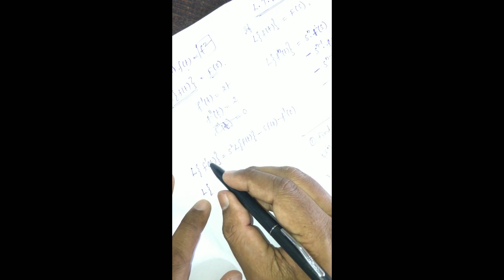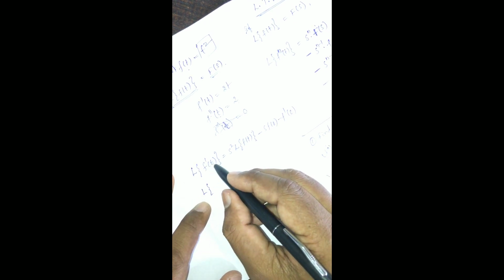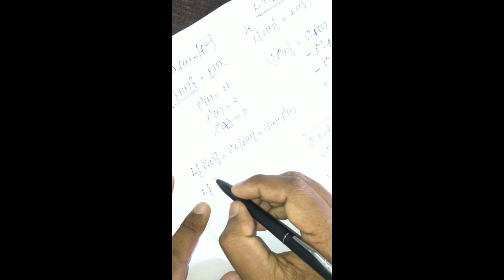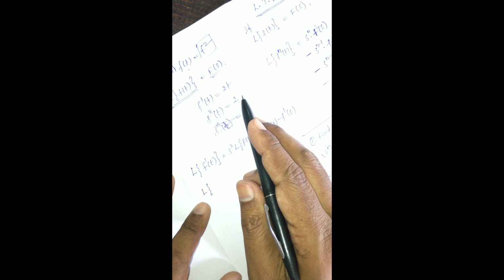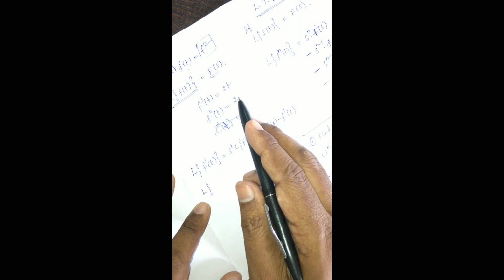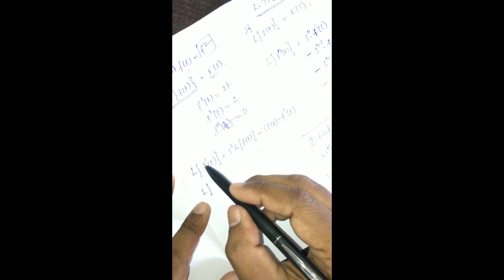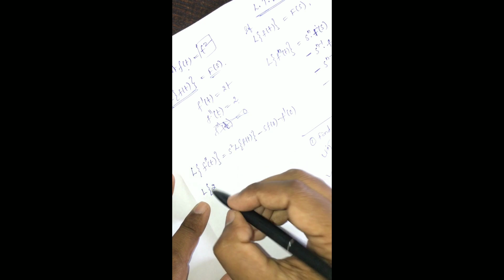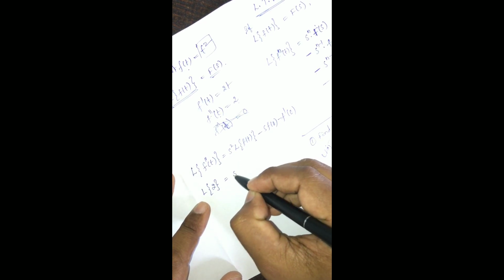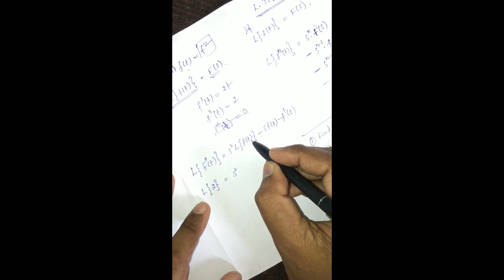So the Laplace transform of f double dash of t, which is 2, is equal to s square into the Laplace transform of f of t, that is, f of s.